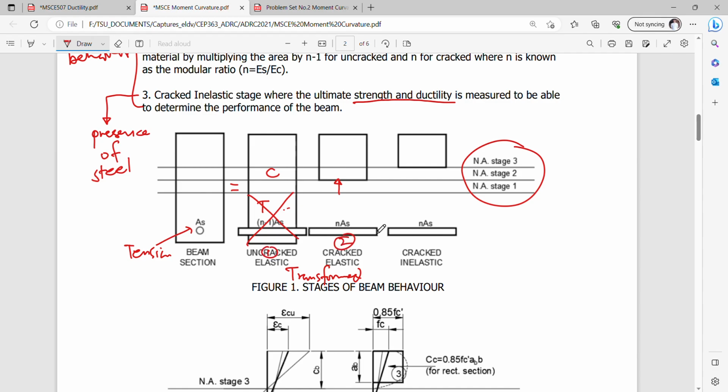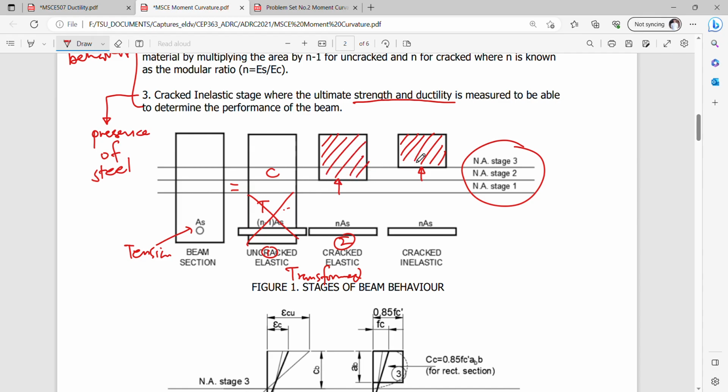And more so upon looking into the scenario wherein the beam will behave inelastically, then your neutral axis will again move, favoring again more the compression side. So the area of this compression concrete actually reduces.